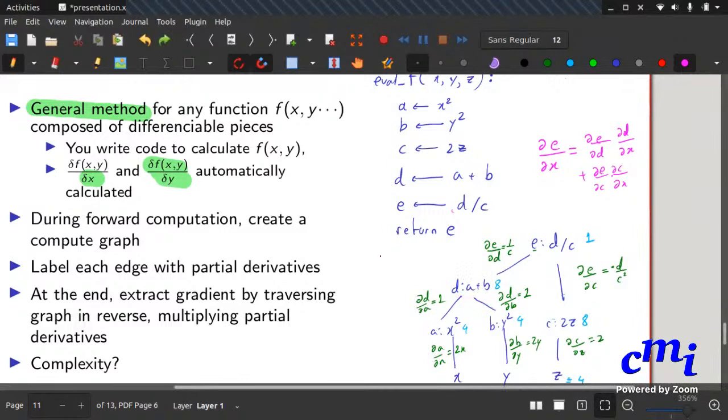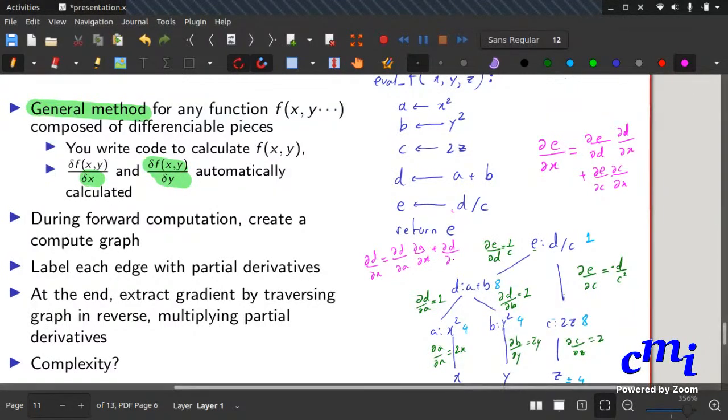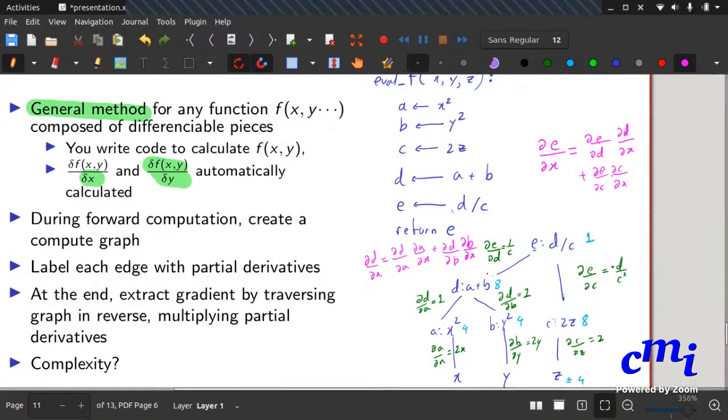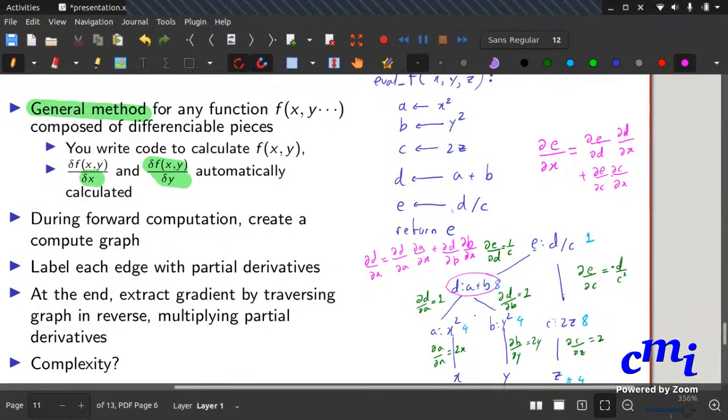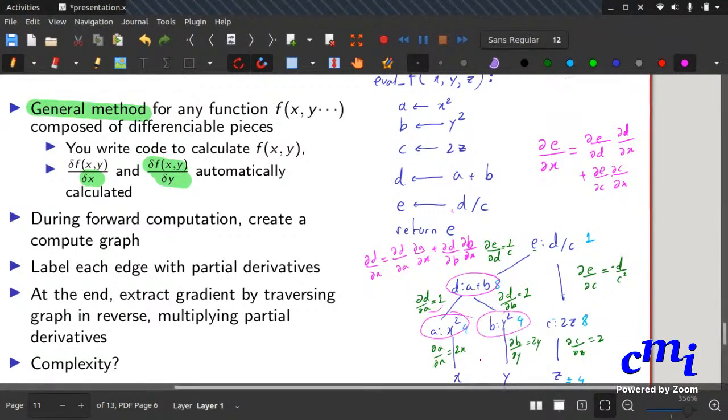What is delta d delta x? It is going to be delta d delta a times delta a delta x plus delta d delta b times delta b delta x, right? So again, knowing the partial derivative of this guy can be reduced to this particular problem where you know the partial derivative here and here, and you know the partial derivatives at these particular nodes, right?